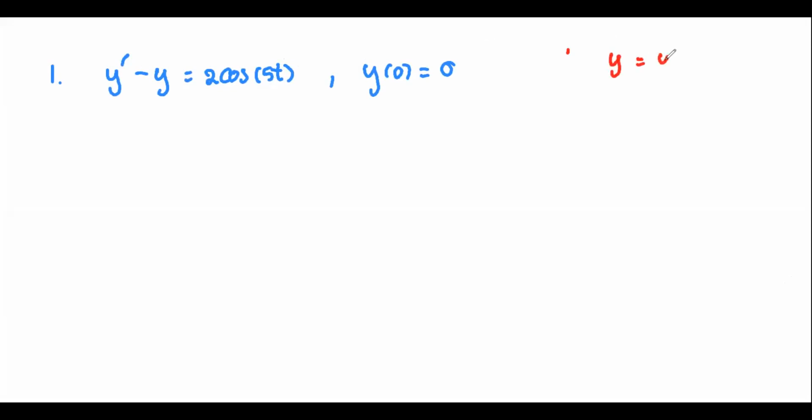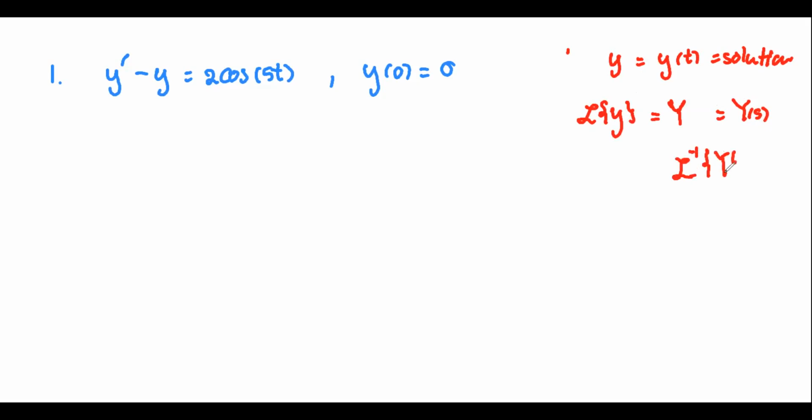Y, which is y of t, is the solution that we are looking for. And when we apply the Laplace transform of the lowercase y, it's going to be the uppercase Y, and the uppercase Y is a function of s. And eventually, we're going to do the inverse of the capital Y to get back to the solution y.